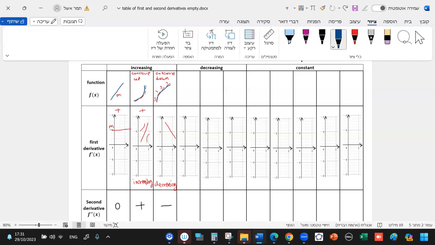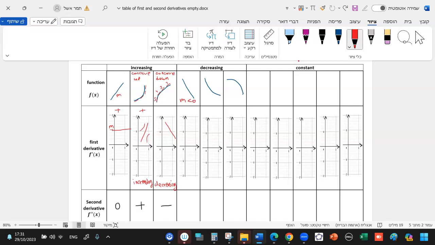Let's go to the next three cases where the function is decreasing. It could decrease this way as a linear line. It could decrease this way or this way. Again, here we have a constant gradient for the function, which is negative.